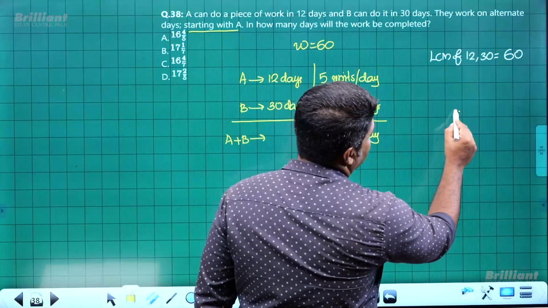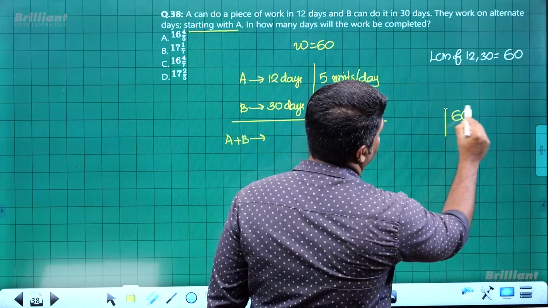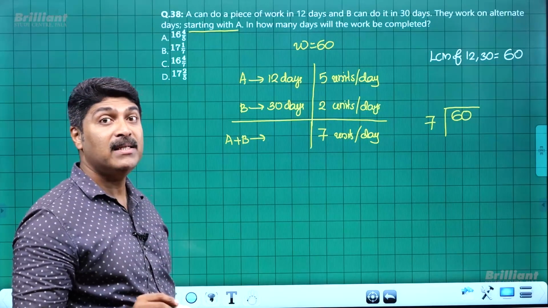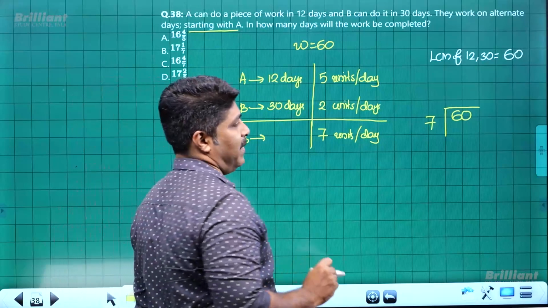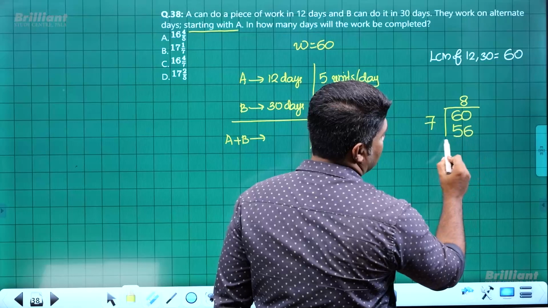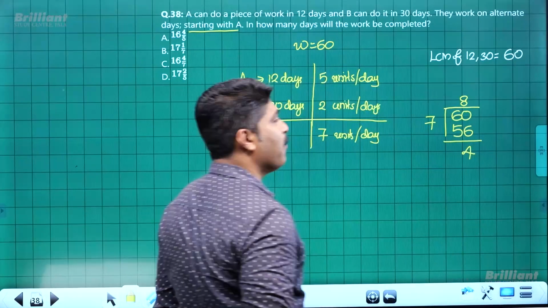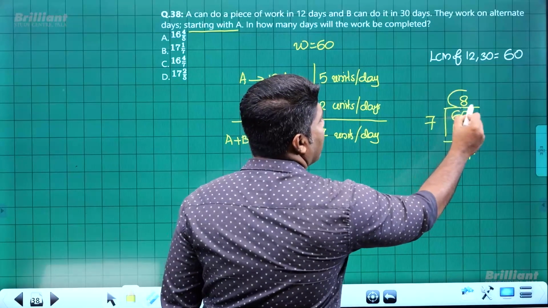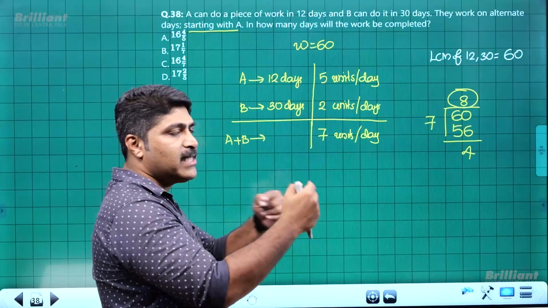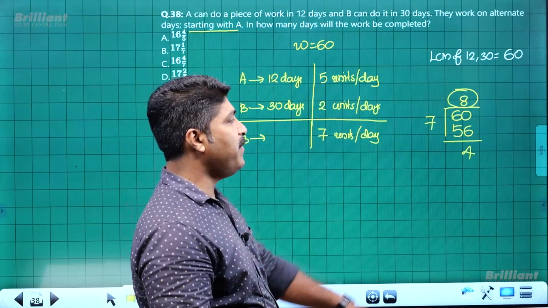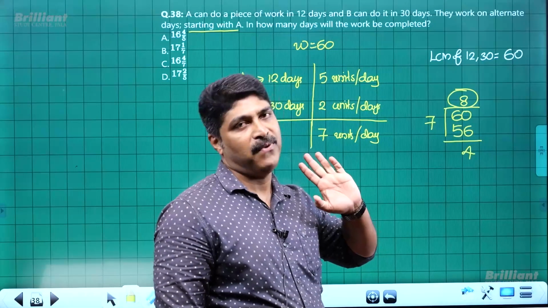You just divide 60 by 7. What is this 7? 7 is the combined efficiency. So this is 8 times. So that is 56. What's the remainder there? 4. What it means? Here 8 rounds of 2 days are completed, and they finished 56 units of work.